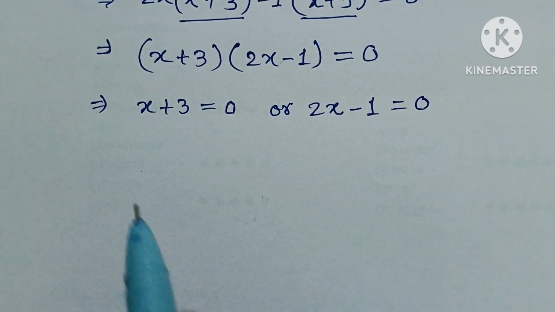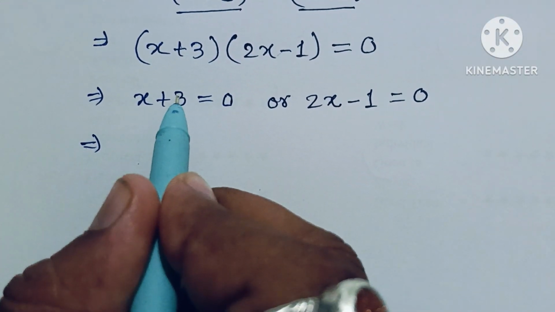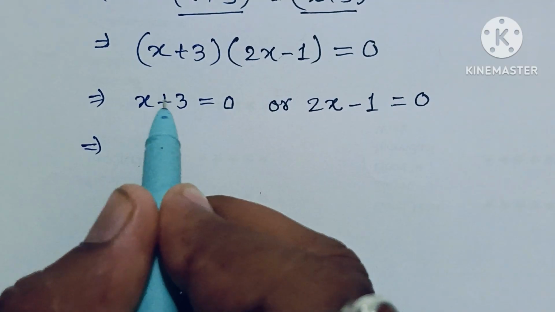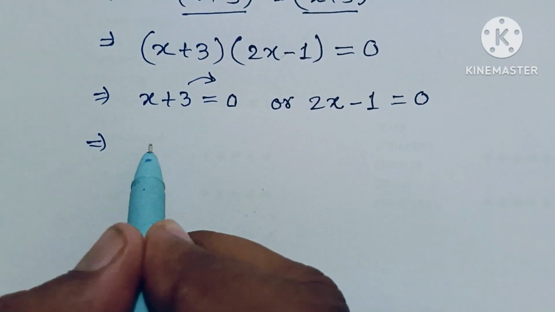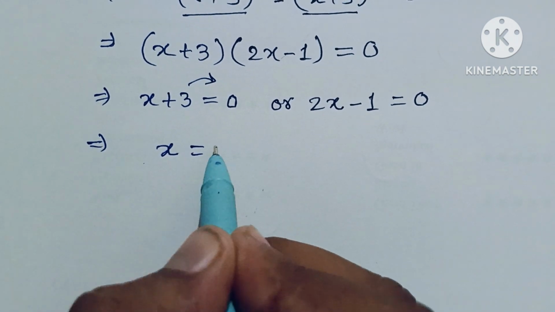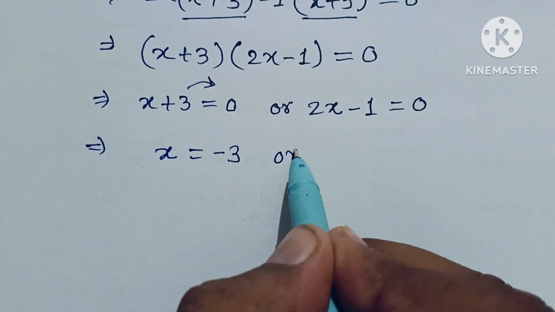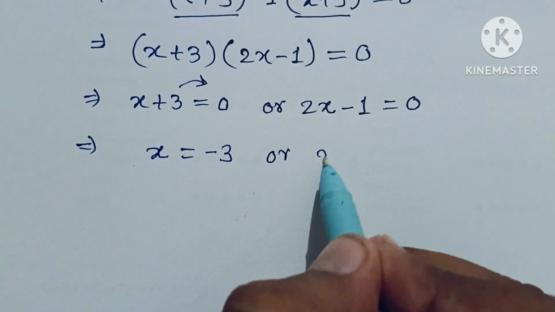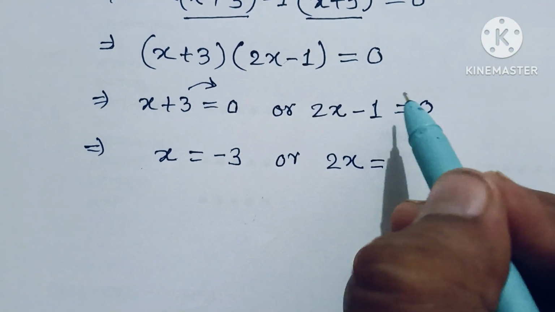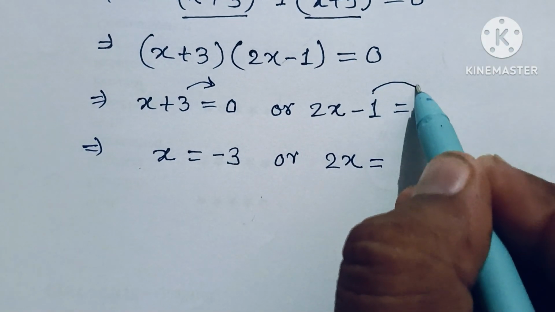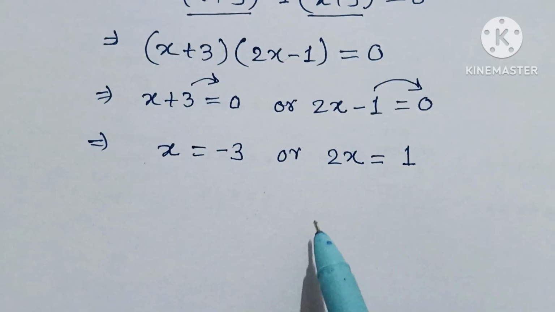Now x equal to, transfer this plus 3 from LHS to RHS, so we get x equal to minus 3. Or here 2x equal to minus 1, transfer from LHS to RHS, so minus 1 becomes plus 1.